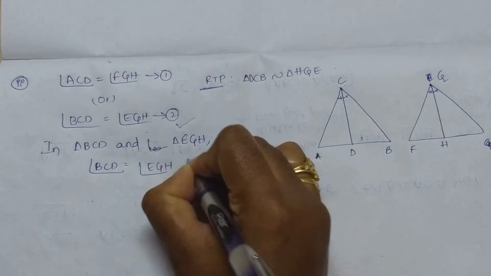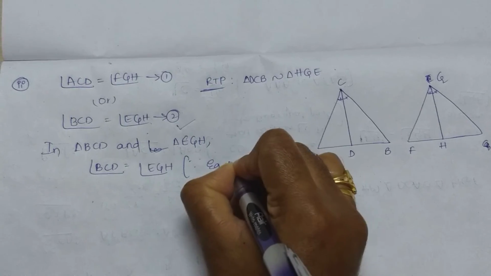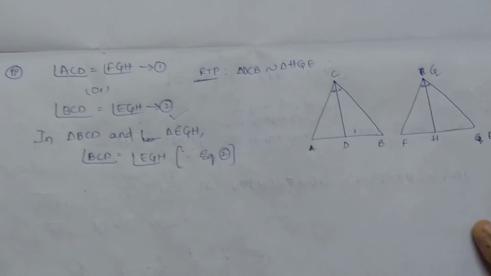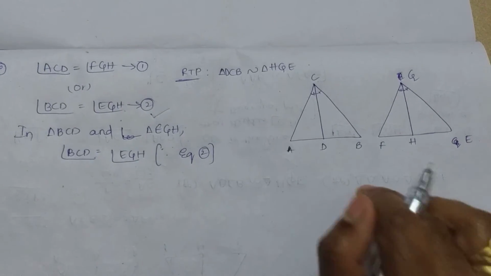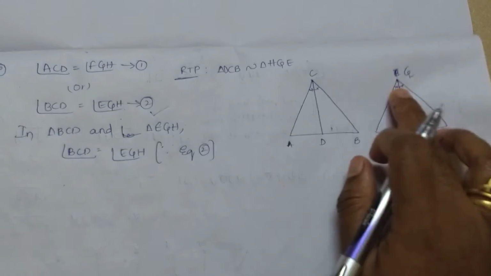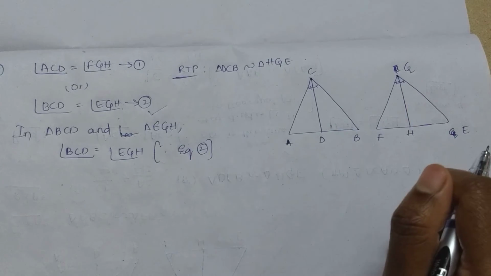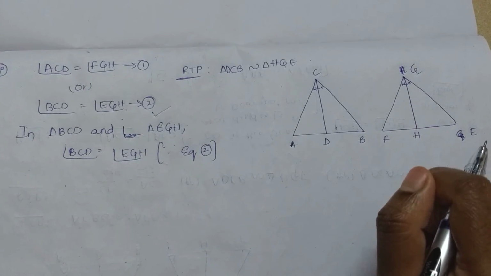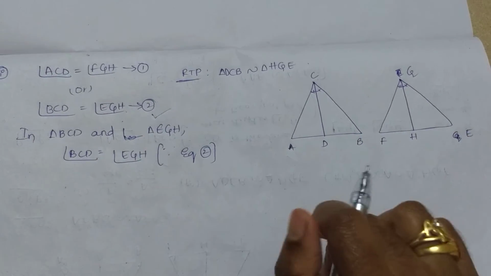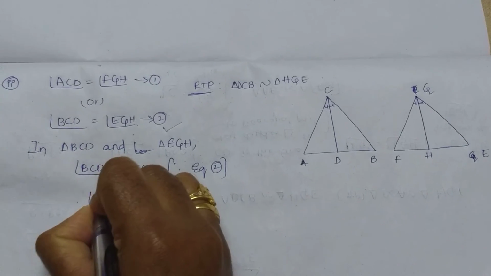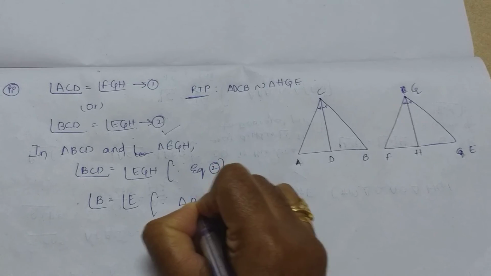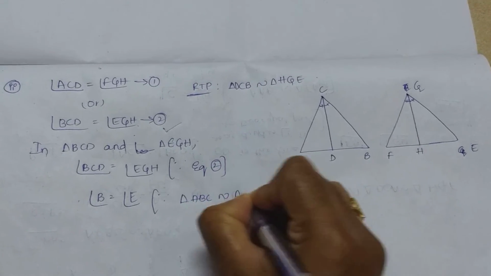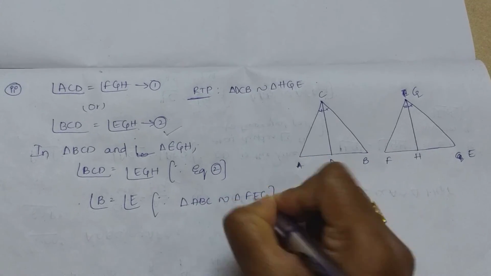Write that since equation 2. After that, they have told in the given that triangle ABC is similar to triangle FEG. It means their corresponding angles are equal. So we can write angle B equals angle E, since triangle ABC is similar to triangle FEG.